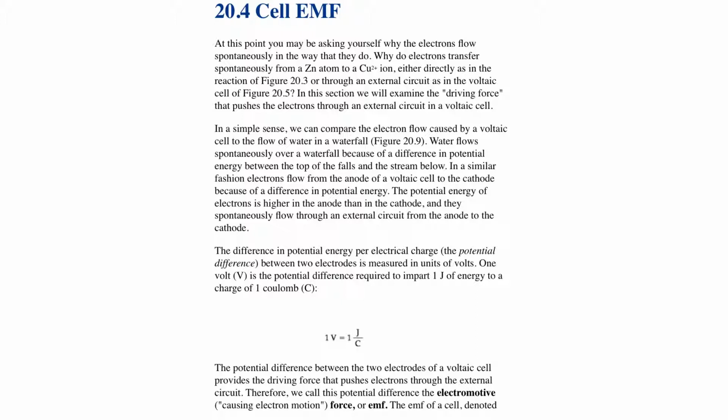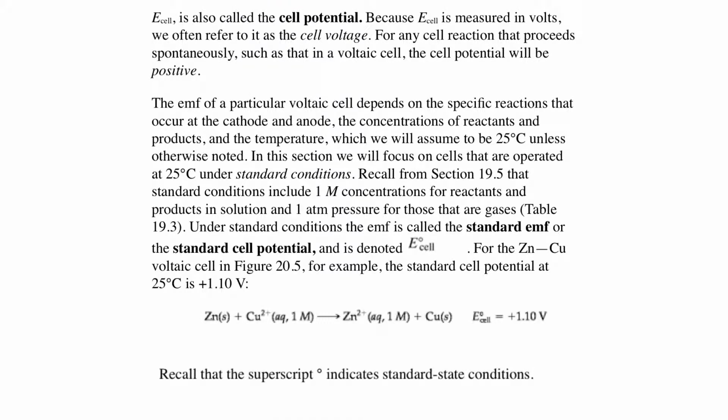Therefore, we call this potential difference the electromotive, or electron-motion-causing, force, or EMF. The EMF of a cell, denoted E sub cell, is also called the cell potential. Because the cell potential is measured in volts, we often refer to it as the cell voltage.